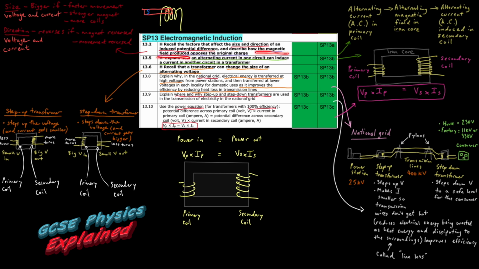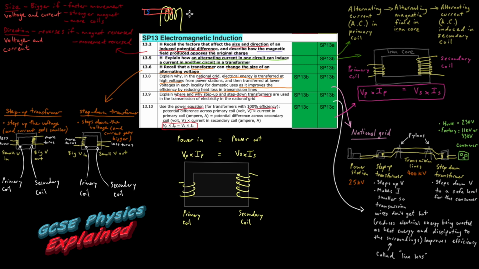So the magnetic field produced is going to oppose the original change. So just say pushing it in makes it positive. That would mean if you pull the magnet back out, that's going to be negative voltage and current. So if you reverse the movement, it'll reverse the voltage and current.